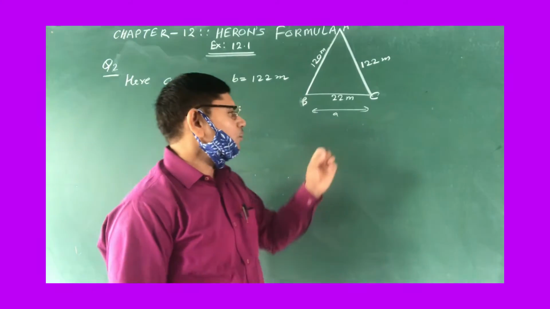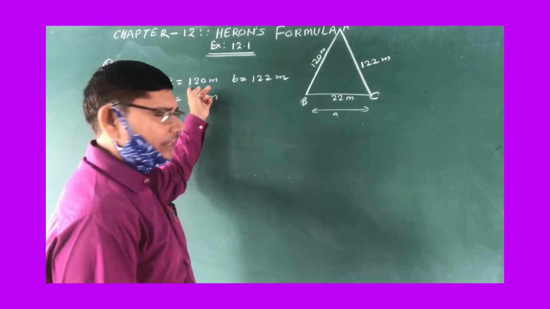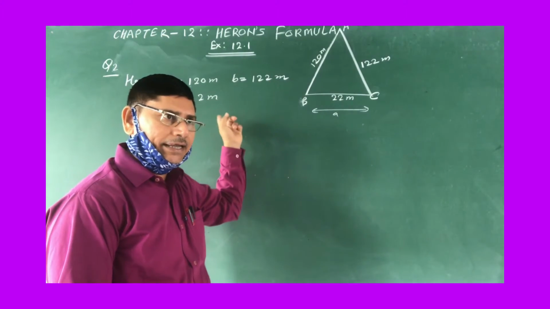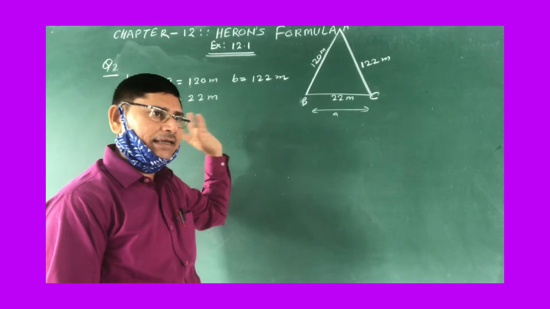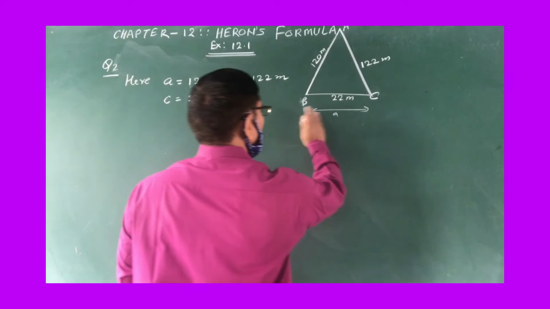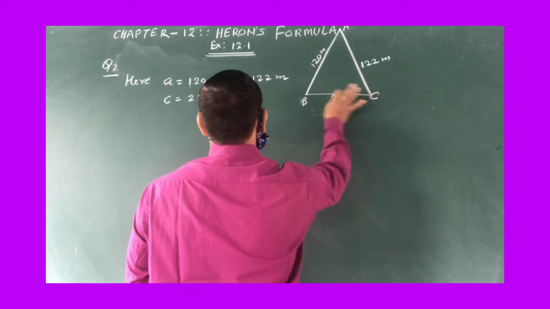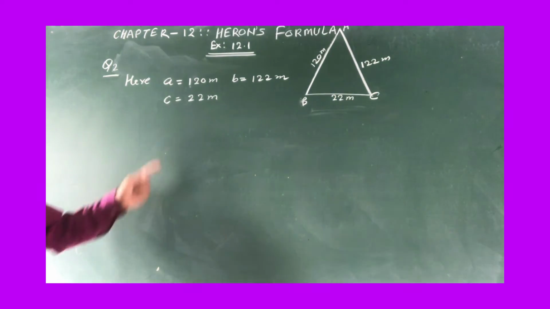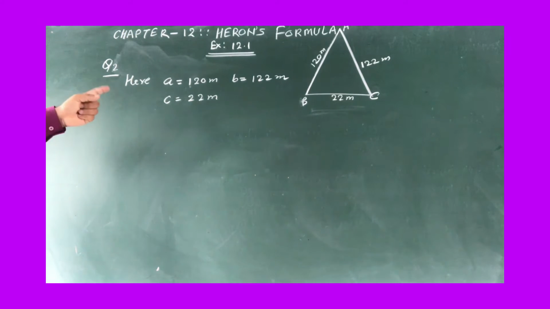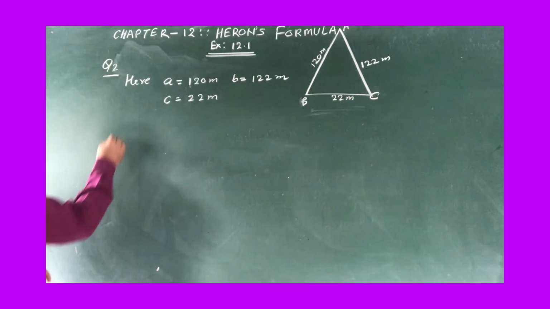So dear, you will write any value of a, any value of b, any value of c. ठीक है. तो यहाँ पे हम क्या करेंगे, no need to write these things. You will only assume a equal to this, b equal to this, and c equal to 22 meter.